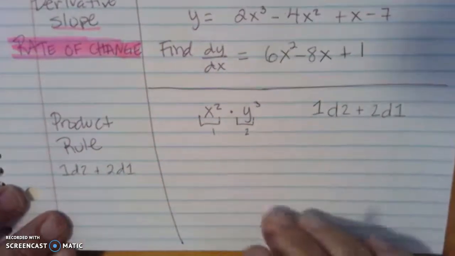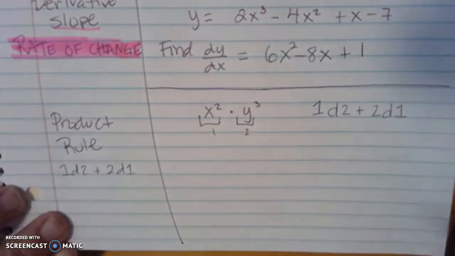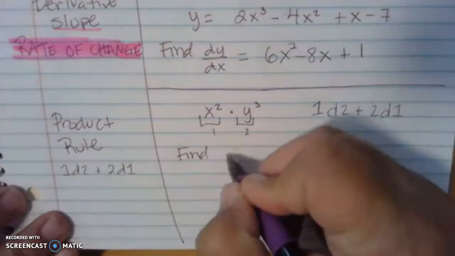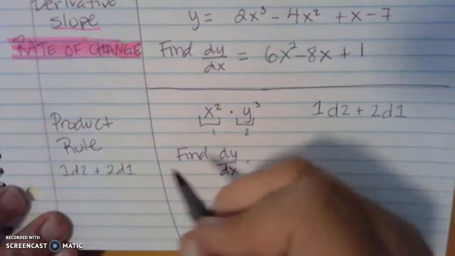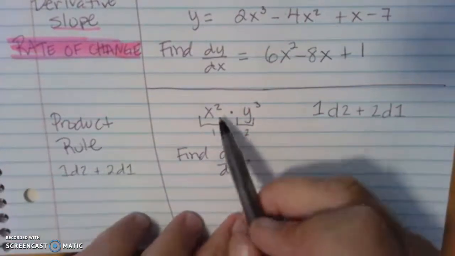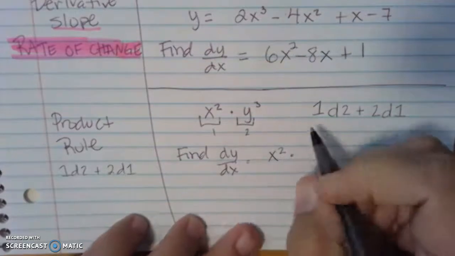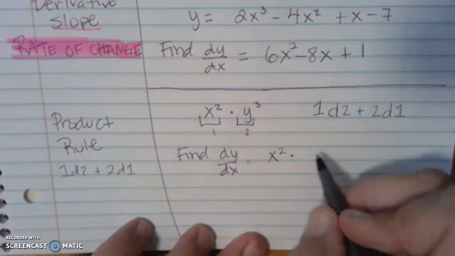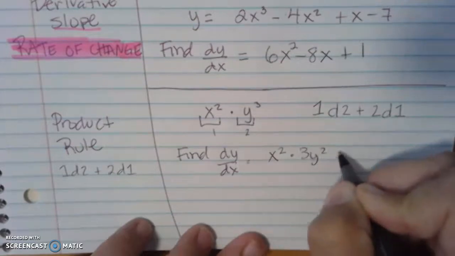Okay? So let's do that. If I were asked to find, just in the problem above, dy dx, we're going to get 1. My first term is x squared, so you get x squared, times the derivative of the second term. The derivative of y to the third is 3y squared.